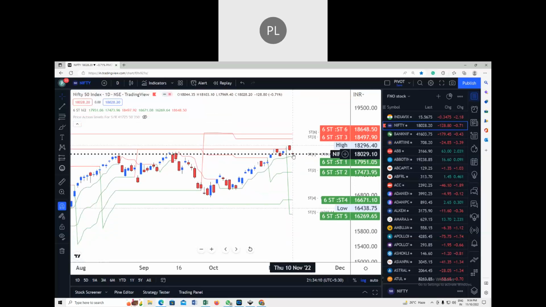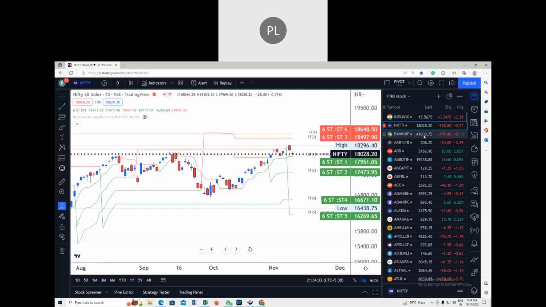That means it came very close to your support level and then closed higher by 178 points. That is the beauty of this support and resistance, because it generally never breaches the support on the first candle. It will go there, come down again, go up, come down, and then only it will breach.